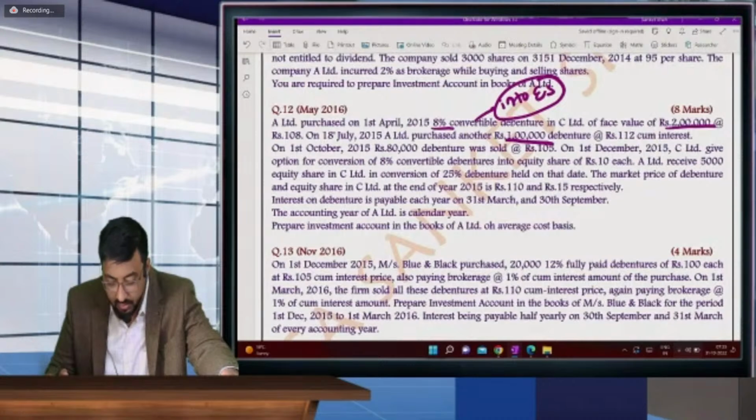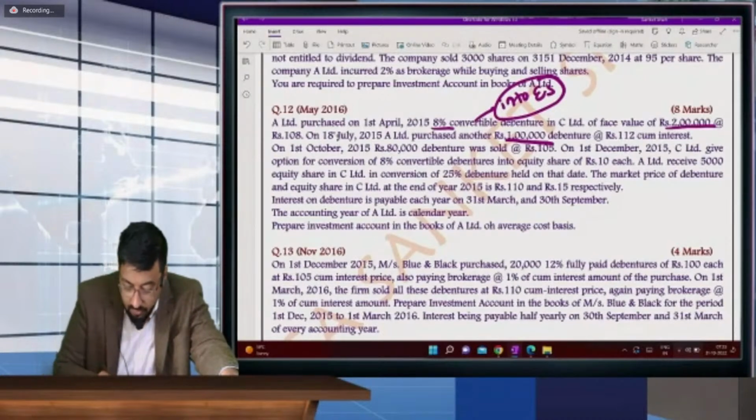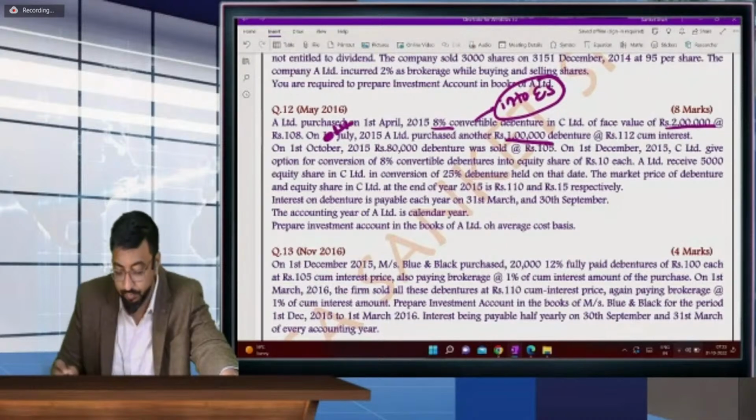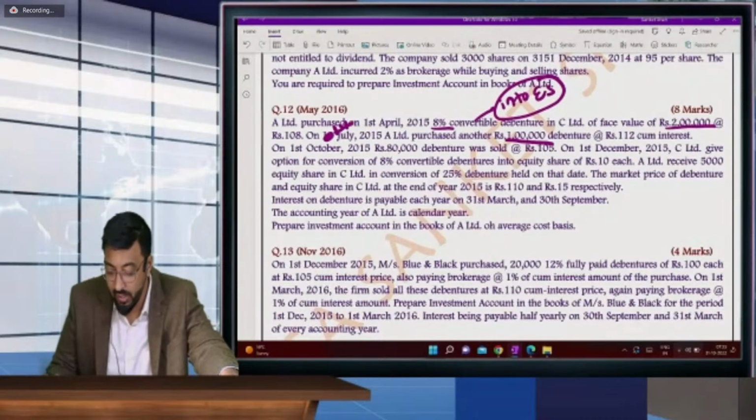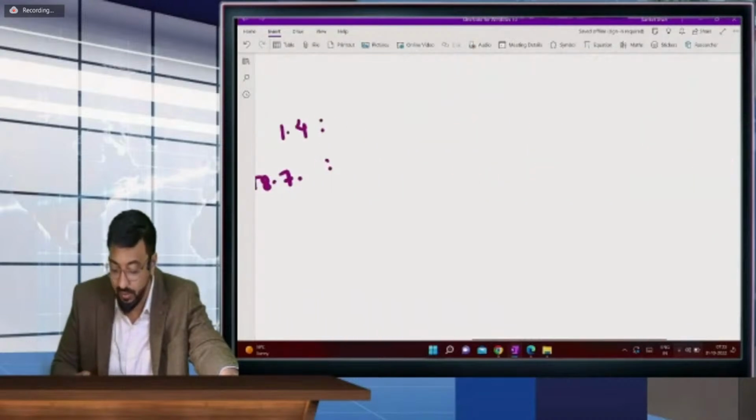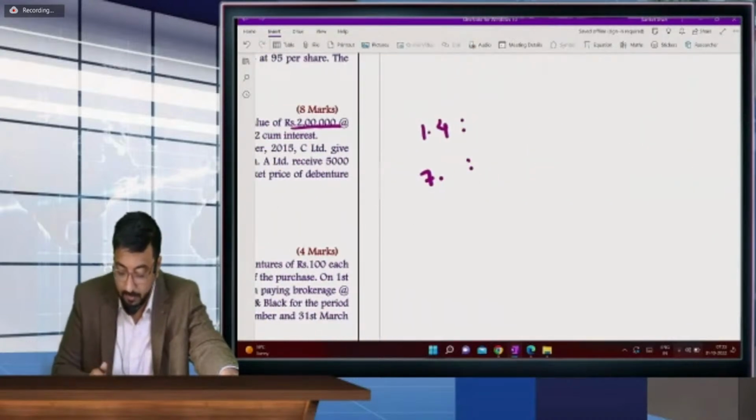Is it correct, beta? Do it at 1st July. On 1st July. No, it's wrong, beta. Not 18th July. It's 1st July. On 1st July, he purchased another. Okay, 31st March and 30th September. 1st July, beta. It's a printing mistake.